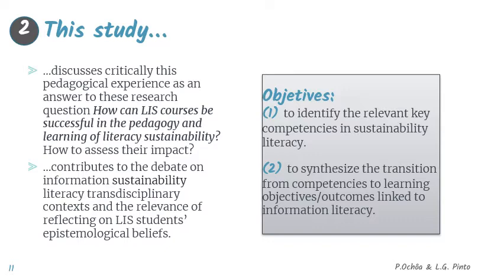First, to identify the relevant key competencies in sustainability literacy, and second, to synthesize the transition from competencies to learning objectives and outcomes linked to information literacy. In this quest, we seek to contribute to the debate on information literacy in transdisciplinary contexts and the relevance of reflecting on LIS students' epistemological beliefs.